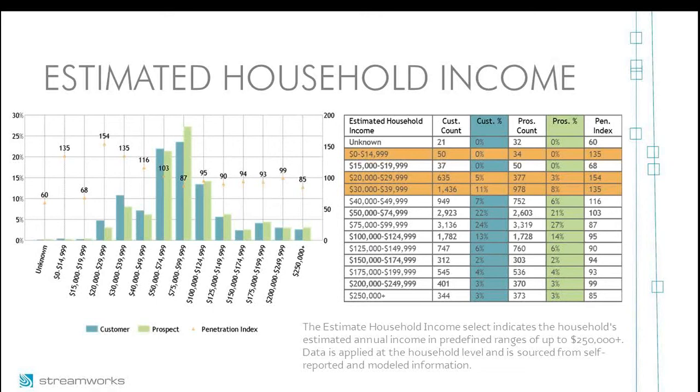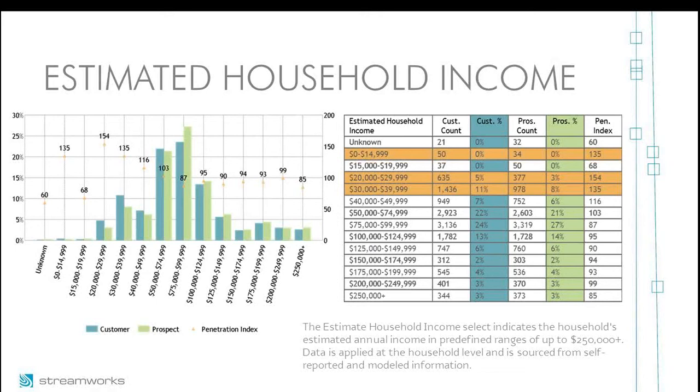But oddly, those aren't the ones shaded with the higher penetration index. The reason for that is, if you look at the prospect count, it's much higher in the 50 to 125K area than it is in those smaller incomes, 20 to 40, for instance. So the penetration index is going to be high there.